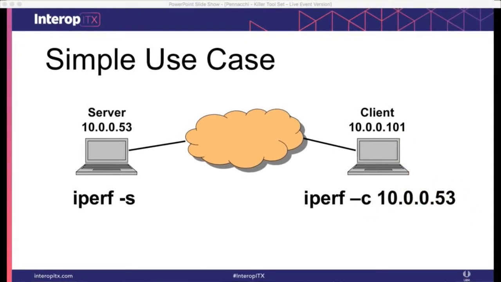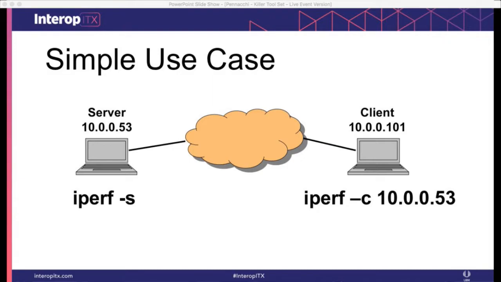What we find is I am doing a throughput test. And I'm going to use this server over here, 10.0.0.53, and I'm going to send the traffic from 10.0.0.101. Okay? So let's take a look at that in a real life example.